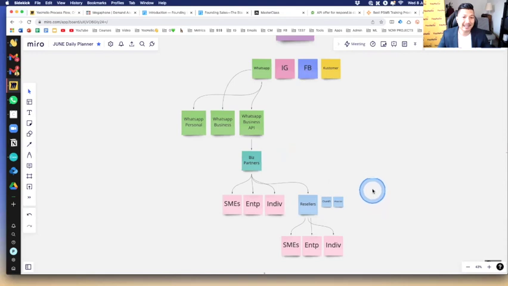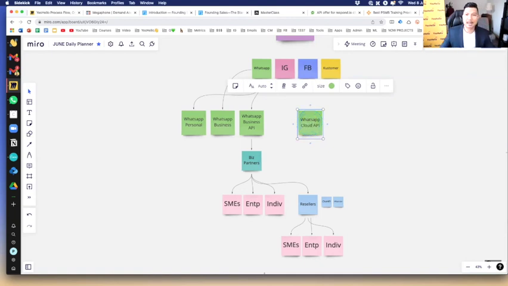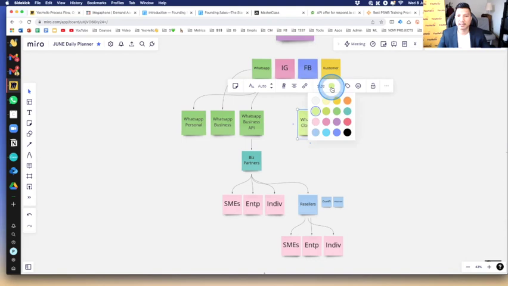Then suddenly came out the WhatsApp Cloud API. Okay, so where does this WhatsApp Cloud API come in? So this WhatsApp Cloud API, let's do a different color. Let's do purple. Okay.